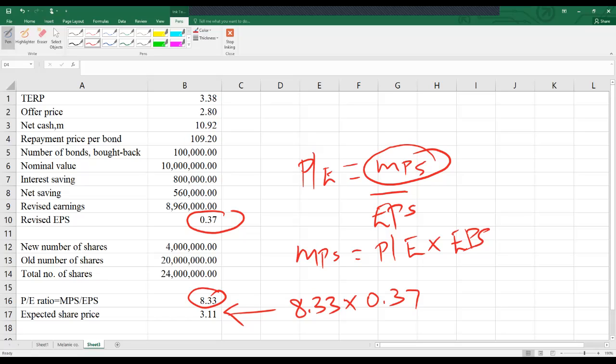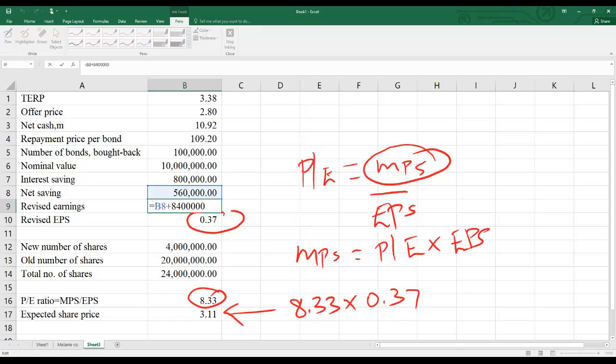Not yet. How do you get 8.96? Don't forget, this is the old earnings per share, which was how much? 8.4 million, isn't it? Earnings of the company before, in the old policy. It's given in the question: the company's current earnings is 8.4 million.